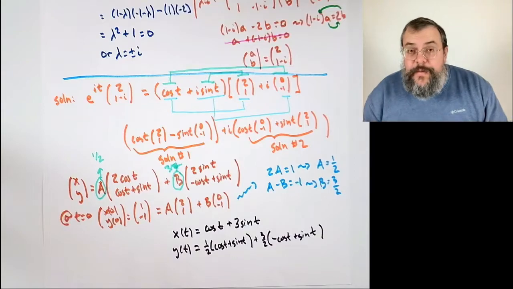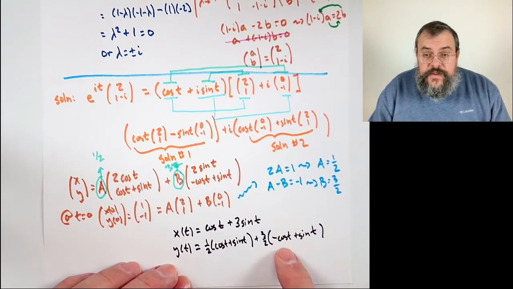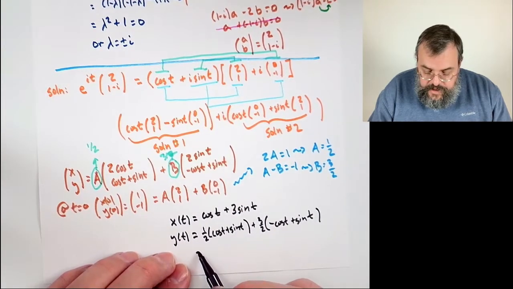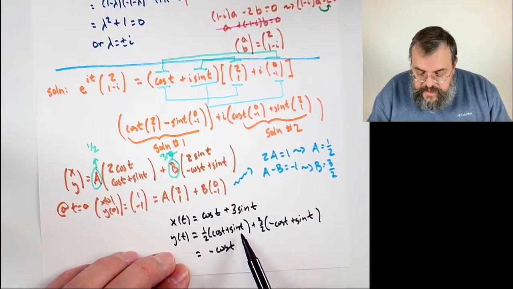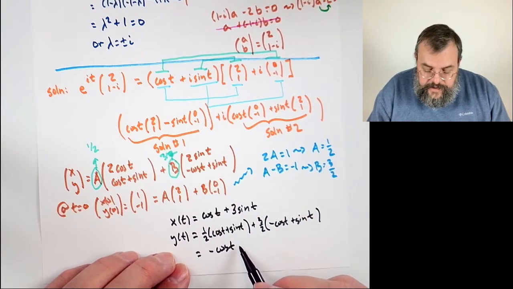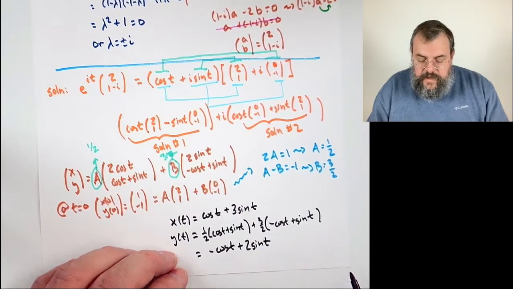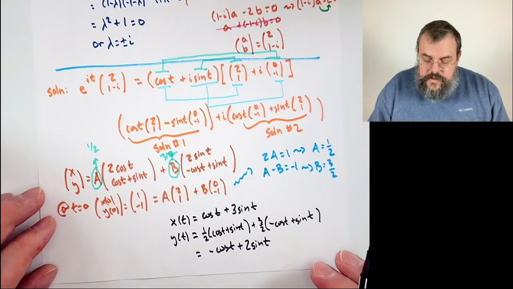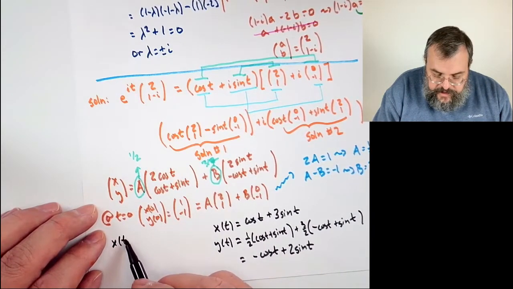Well, we can simplify that a little bit. So a half cosine minus 3 halves cosine would be minus cosine. 1 half sine plus 3 halves sine would get us to 4 halves sine, which would be 2 sine. And there we go. Just because I'm running out of space, I'll be right over here.